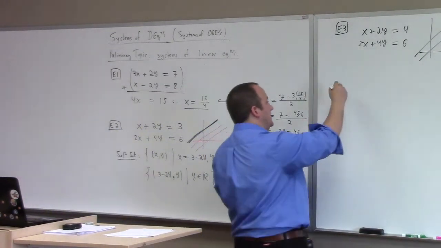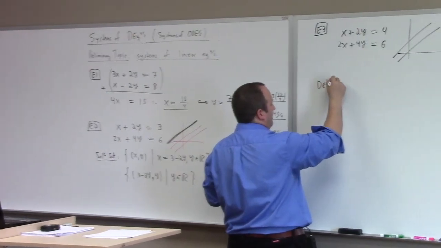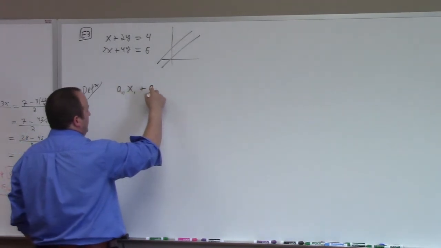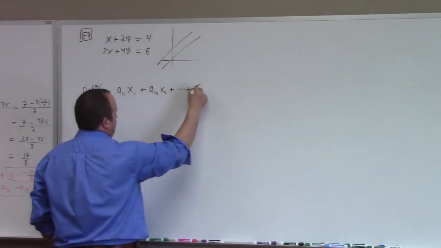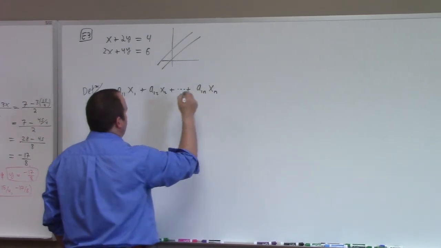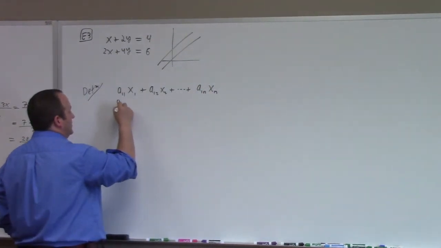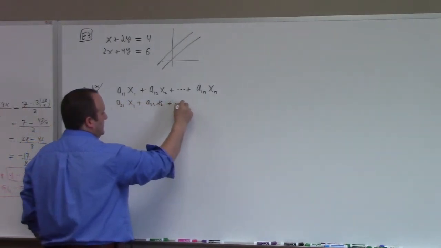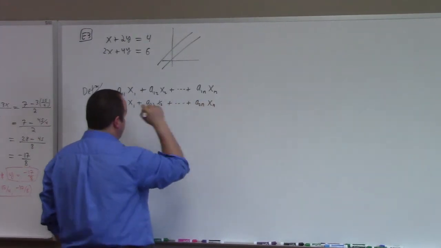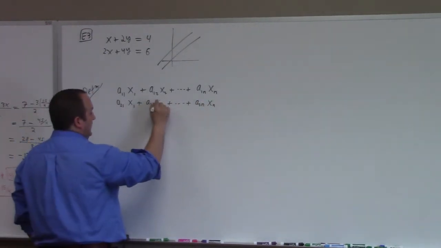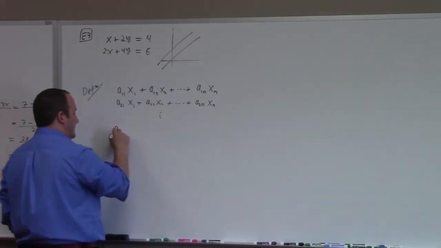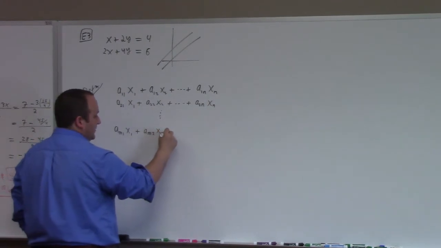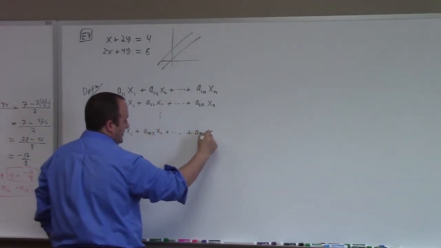Okay, so here's the definition for you. If we have something like this: a11 x1 plus a12 x2 dot dot dot plus a1n xn, a21 x1 plus a22 x2 plus a2n xn, and so on down the line, eventually we get to am1 x1 plus am2 x2 plus amn xn.